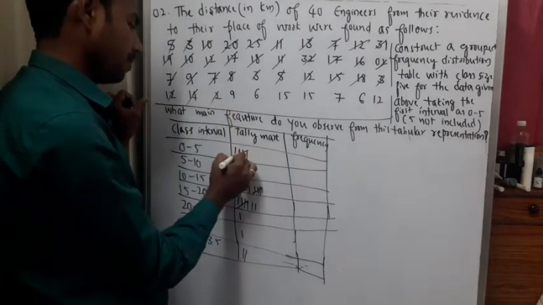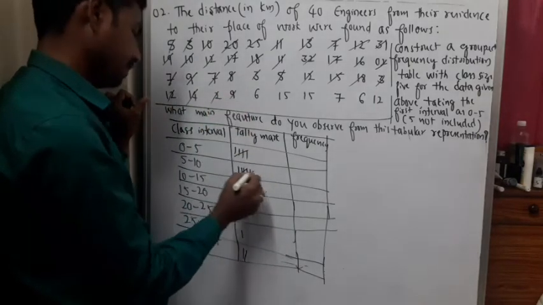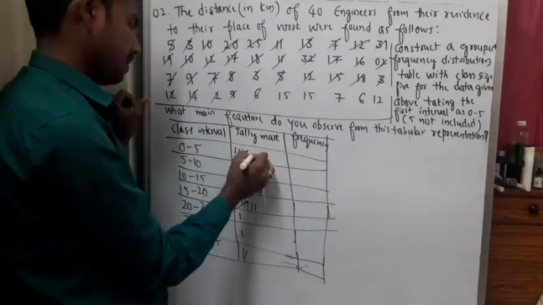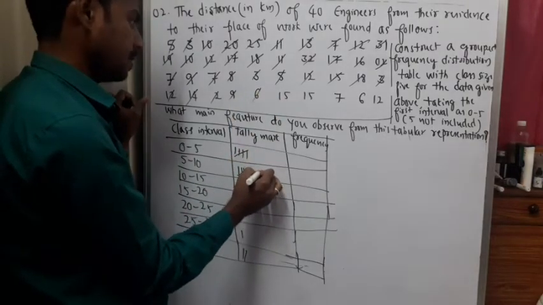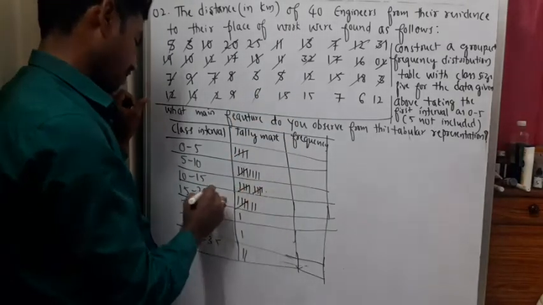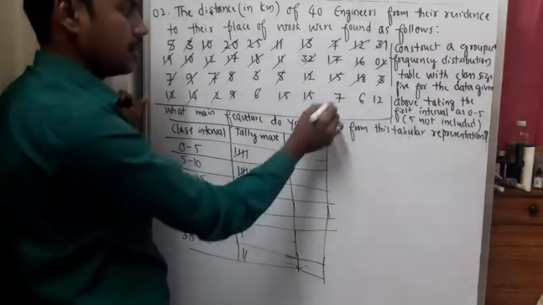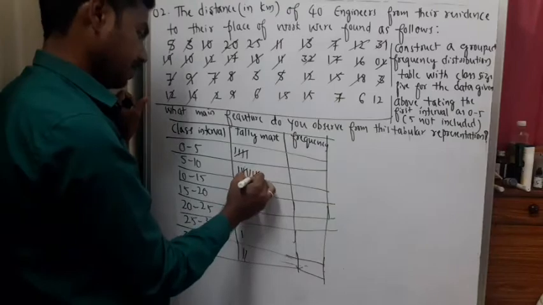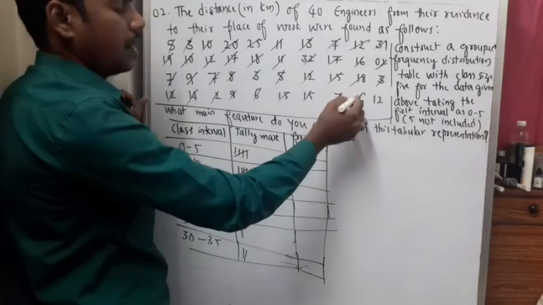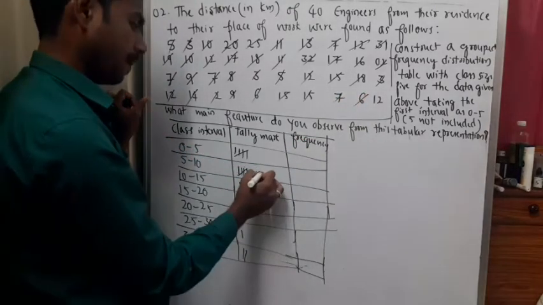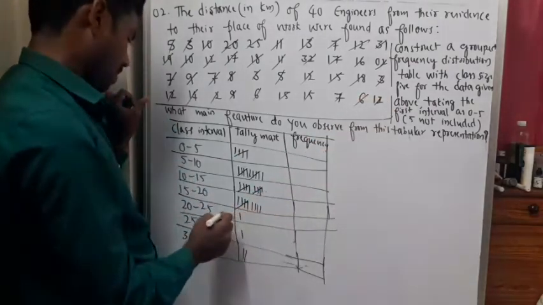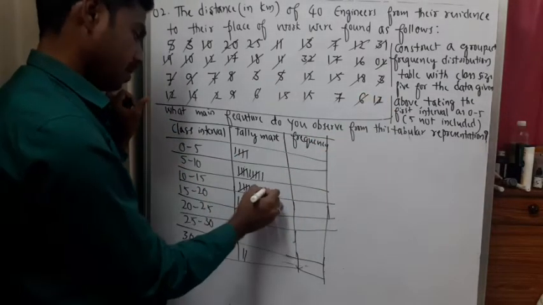2. So 2. 9. 6. Again 6 will come here. 15. So 15 will come here. Again 15 is there, 15 will come here. 7, 7, next 6, next 12, so 12 will come under this.